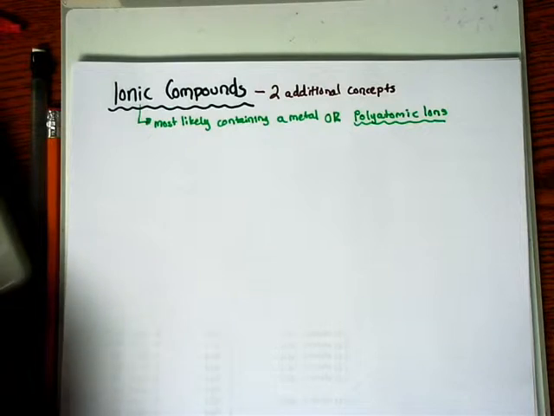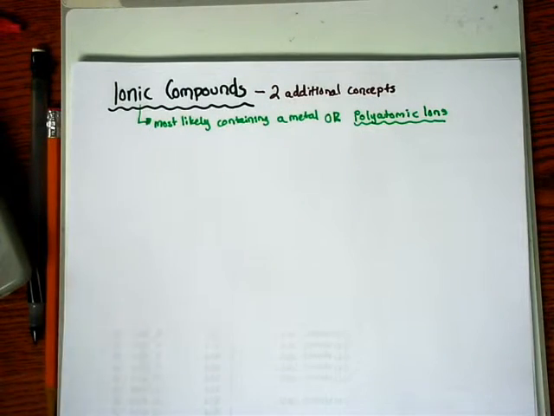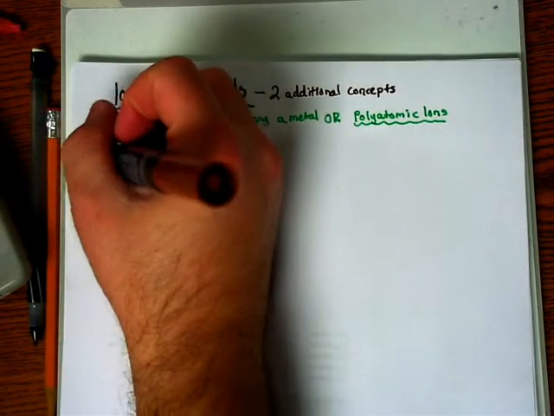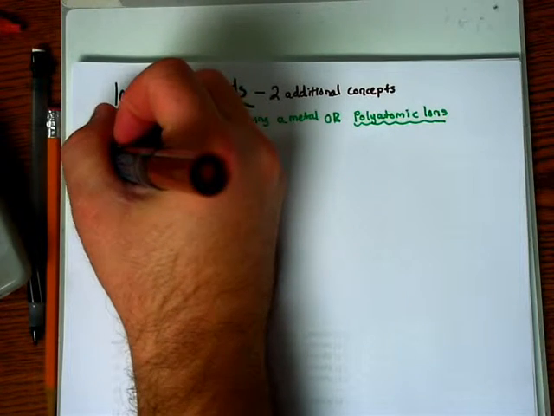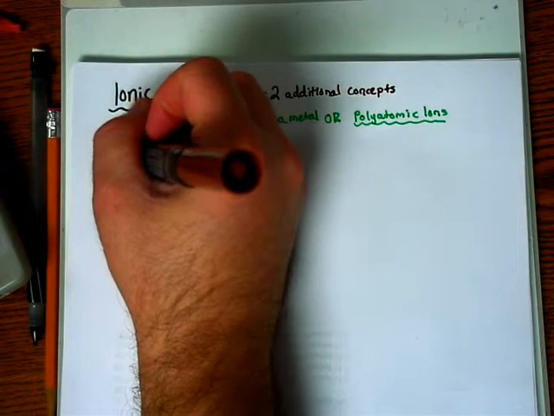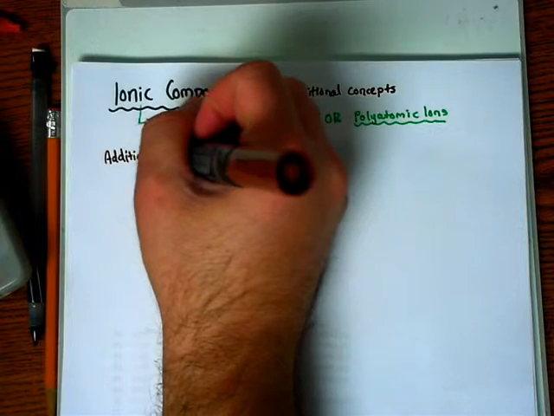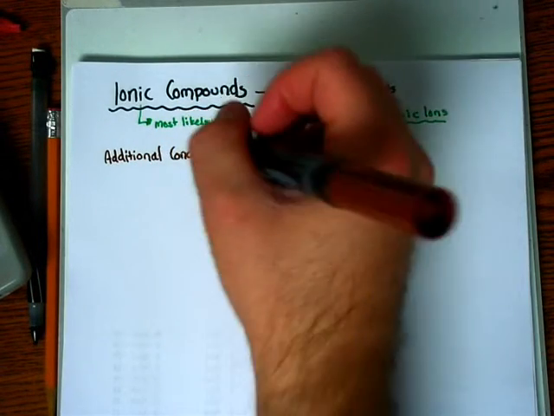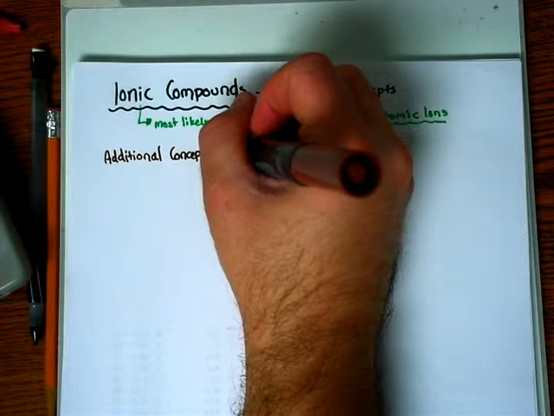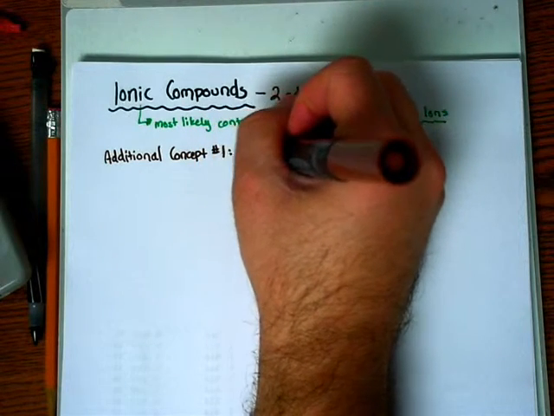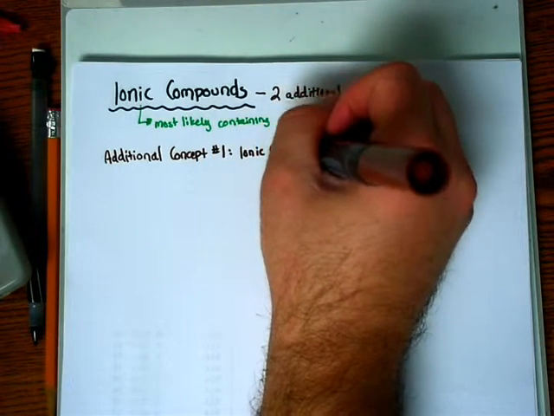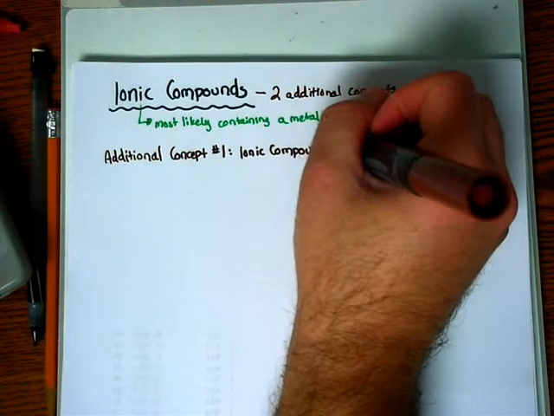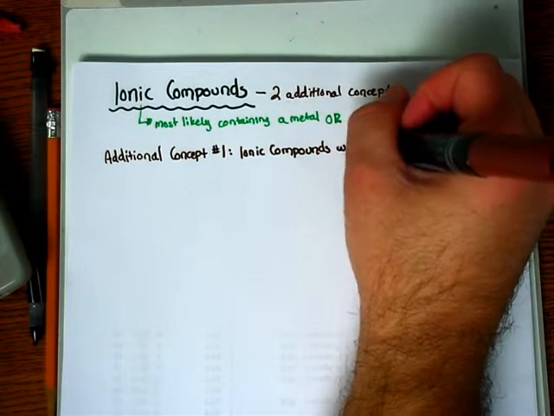So what I want to do for our two additional concepts is talk about the first additional concept. So additional concept 1: ionic compounds with polyatomic ions.